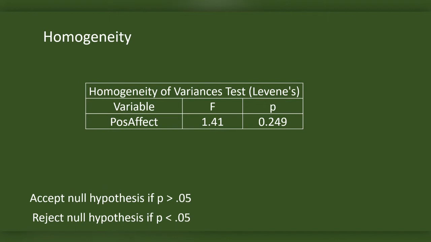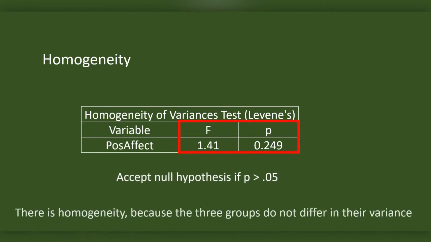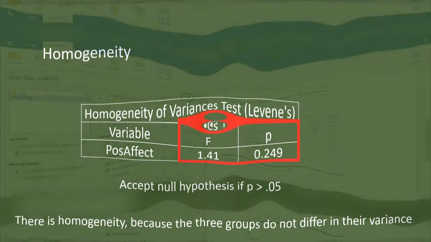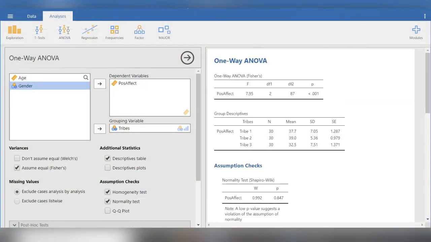Homogeneity is equality of variance that is assessed using Levene's F. Levene's F score is 1.41 and P is 0.249, which is greater than 0.05. That means there is no significant difference between the groups in their variation of the distribution from mean. Hence, there is a homogeneity of variance or equality of variance.